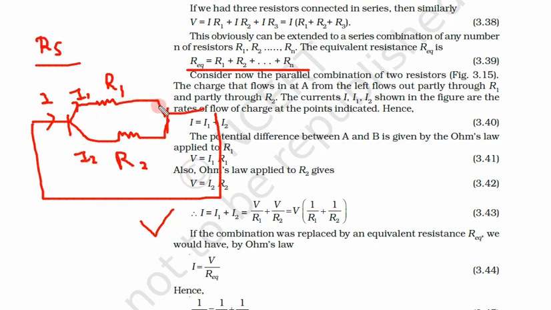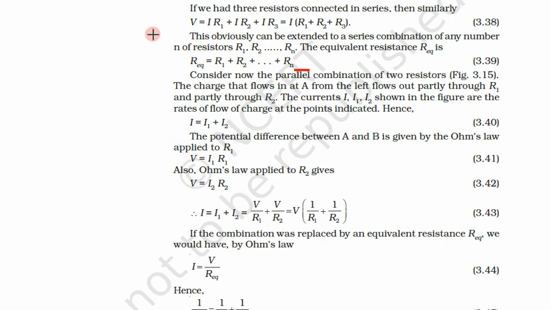And after getting out of these resistors, this current again combines and forms the current I, which was the same as before. So this is the case when we have resistances in parallel. Potential at the ends remains the same while current divides into two parts if there are two resistors.